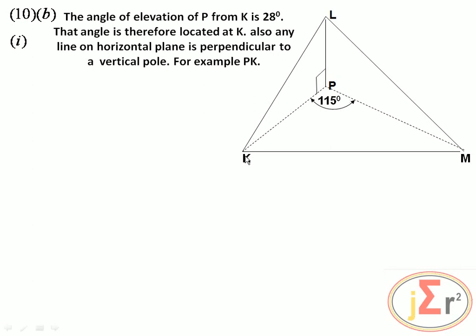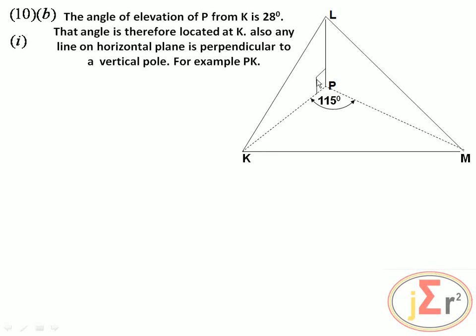So we are saying this is supposed to be a 3-dimensional figure. And K, P, M are points on horizontal ground. And we have a vertical pole here. So where K, P meets this pole has to be a right angle. And also this one must be a right angle. But we're just making use of just one of them.